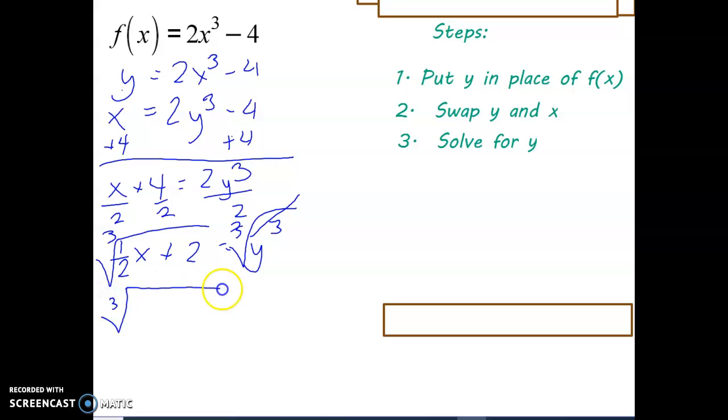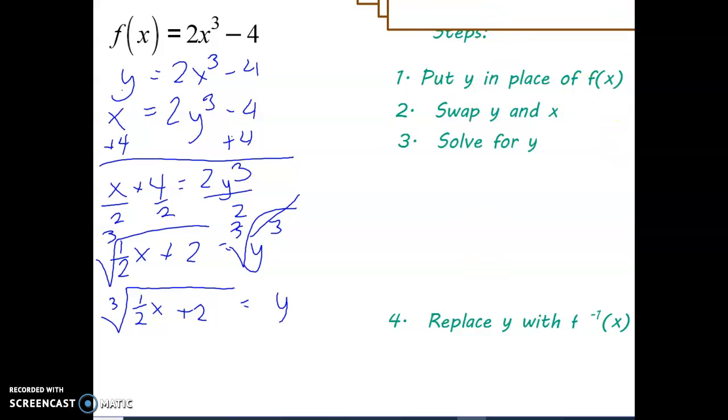So I've got the cube root of 1/2 x plus 2 equals y. All right, and now I've got y by itself, so I'm ready for my last step. I'm going to replace y with f inverse x. And then I'm just going to copy down what I had, the cube root of 1/2 x plus 2. So there's the inverse of my first function.